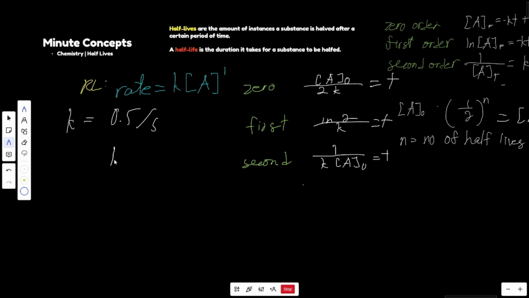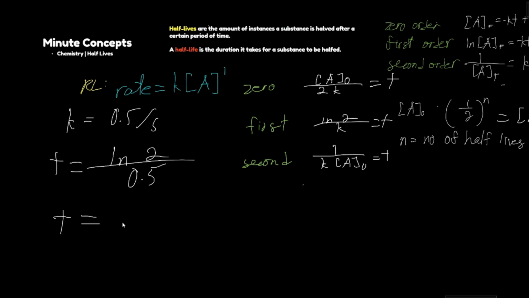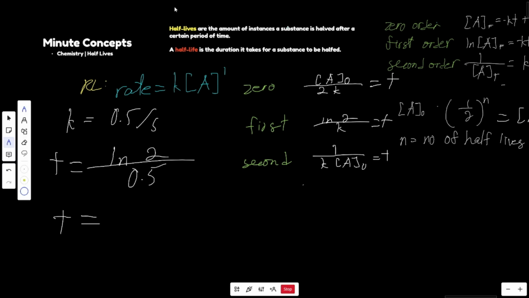All I have to do is do the natural log of 2 over 0.5, and that would be our half-life for this reaction. Plugging that into our calculator, 2 divided by 0.5, we would have a half-life of 1.38, or rather 1.4 seconds.